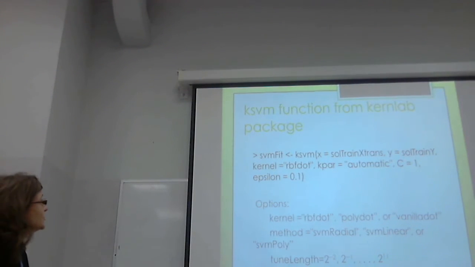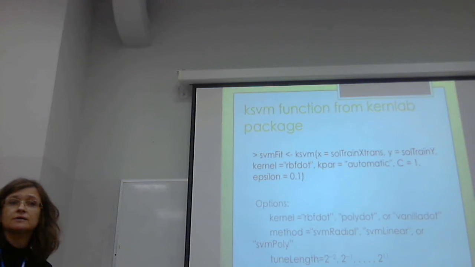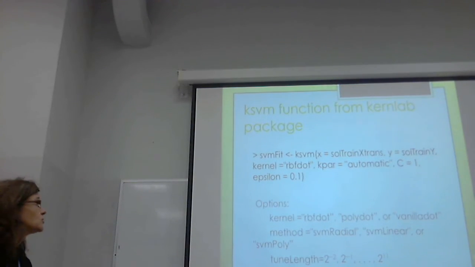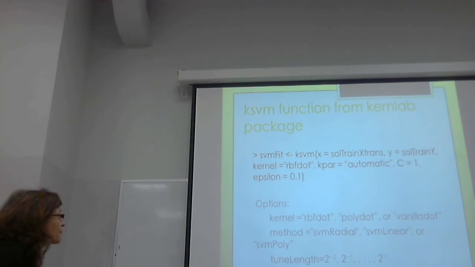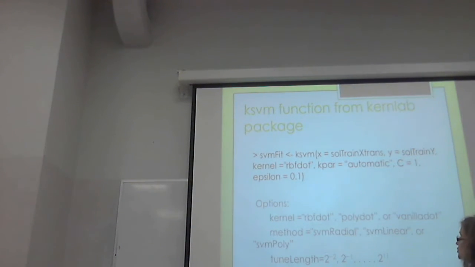First, this is not the caret package. This is the kernlab package. Did you have problems installing it, or did it go smoothly? It went okay. So in kernlab you have three different variations for the kernel: SVM radial, SVM linear, or SVM poly.